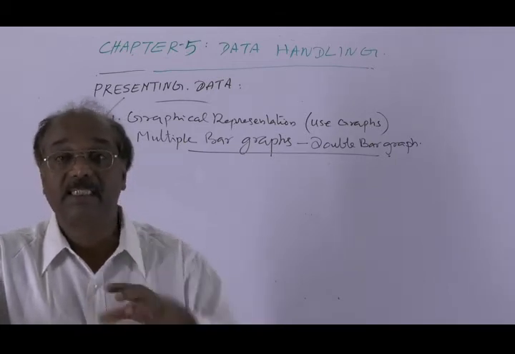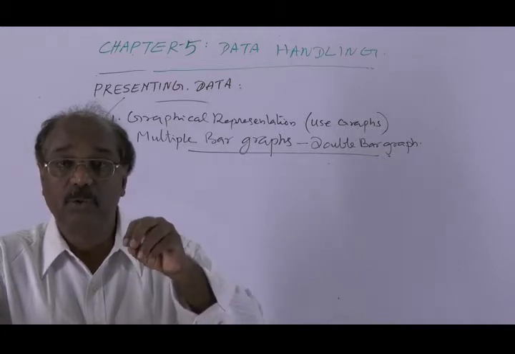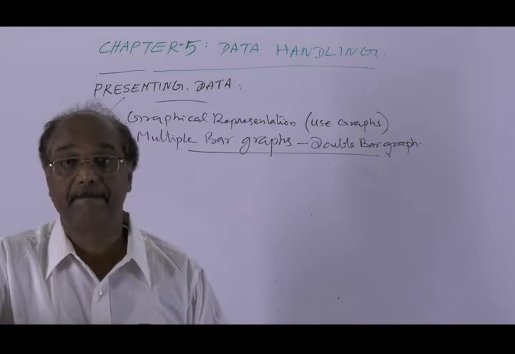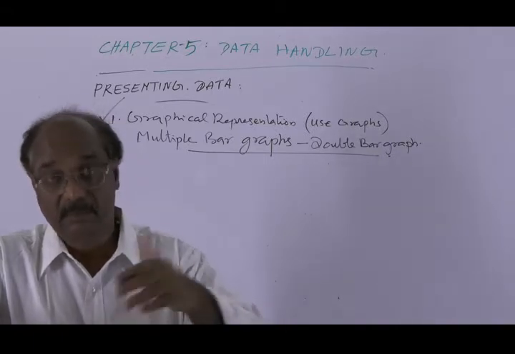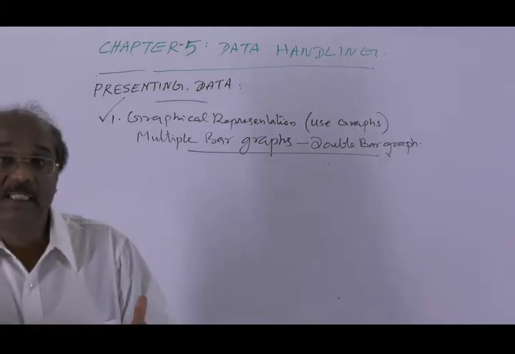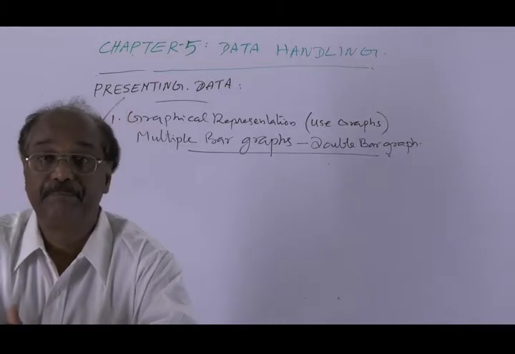And in that case, for two data values, we use two bars to represent those two data. Similarly, 3 bars, 4 bars, etc. In that case, the graph is called a multiple bar diagram.